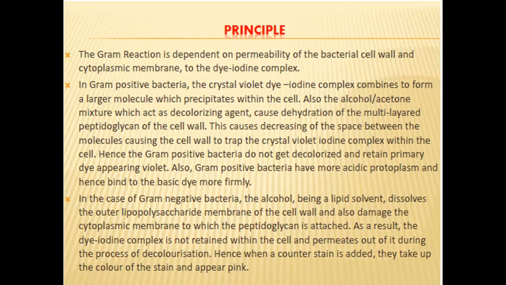The Gram reaction is dependent on the permeability of the bacterial cell wall and cytoplasmic membrane to the diiodine complex. So basically, when we compare gram positive and gram negative bacteria in terms of the chemical composition of the cell wall, there is definitely a difference.